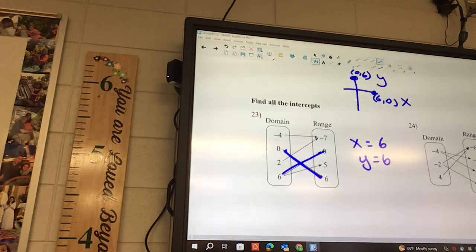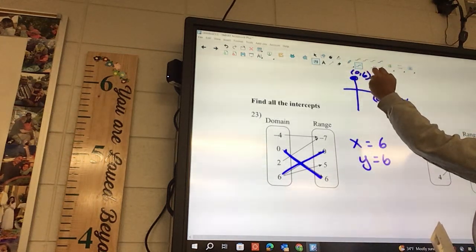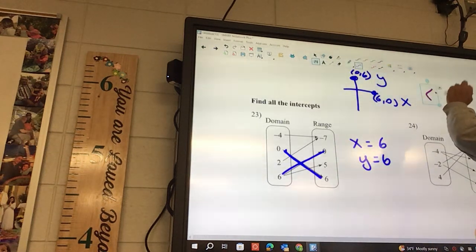Okay, 25. We're looking for zeros. So we got (0, -2). Is that going to be an x or a y? So 0 means you go up or down? What's the first coordinate do?